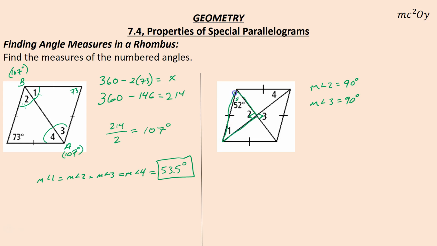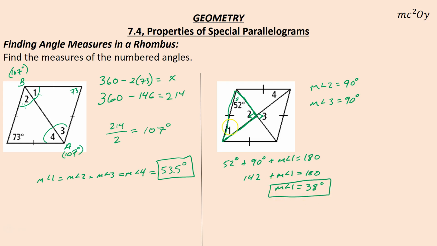Okay. This triangle right here, any triangle adds up to 180. So I know that 52 degrees plus 90 degrees, which is angle 2, plus the measure of angle 1 has to equal 180. Okay? Well, that means 52 and 90, 142, plus the measure of angle 1 equals 180. It means the measure of angle 1 is equal to 38 degrees.